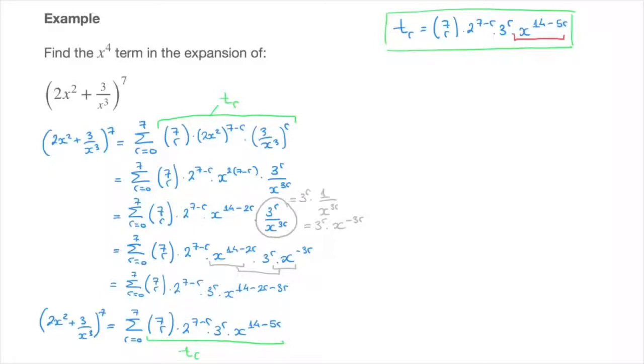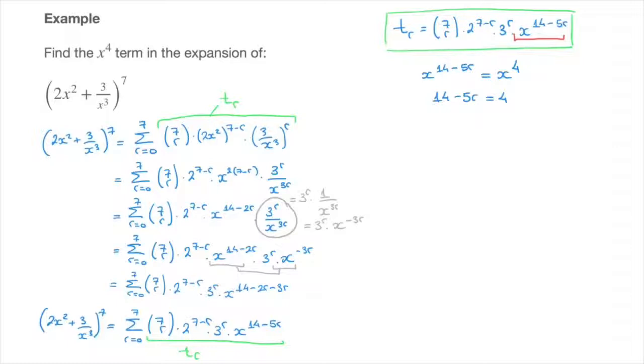So we need to find which value of r leads to x to the power of 14 minus 5r equal to x to the power of 4. And since both sides of this equation are written as powers of the same base, which is x, we can get rid of the x's altogether and simply solve 14 minus 5r equals 4.